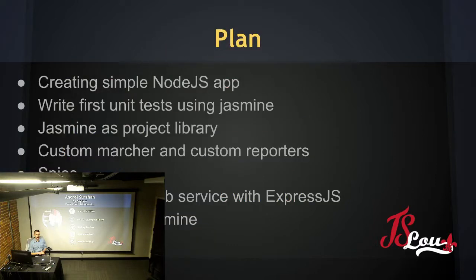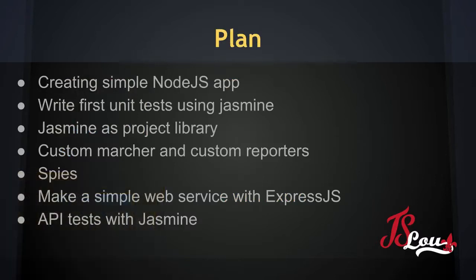So let's take a look at the plan for today. We are going to create a simple Node.js application, then write unit tests to cover the methods that we will write. Then we will customize Jasmine to make it a project library, which will allow us to write custom matchers and custom reporters to make it flexible and customizable.